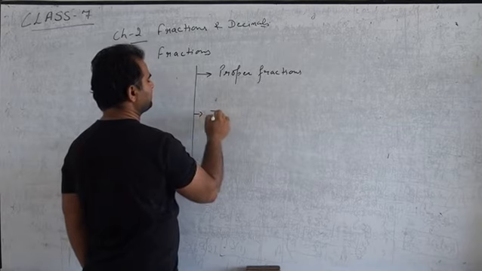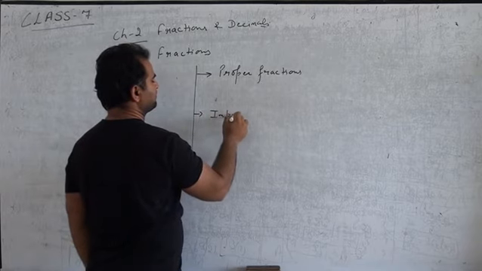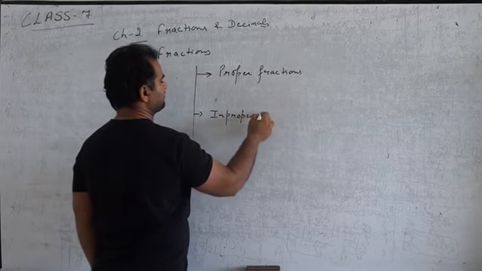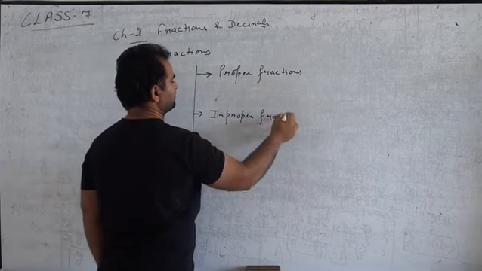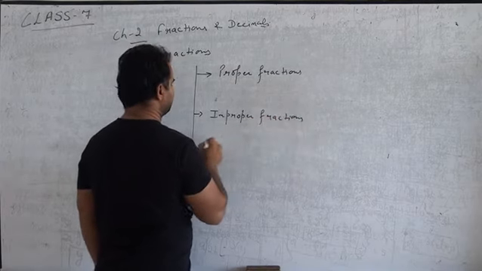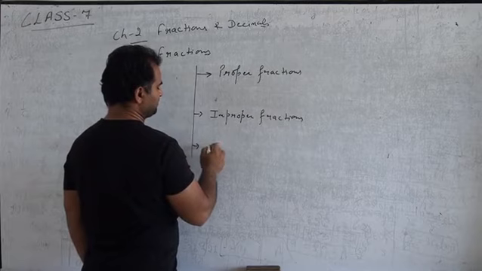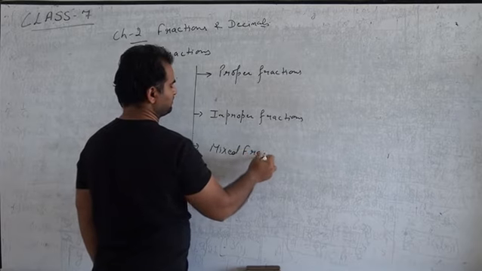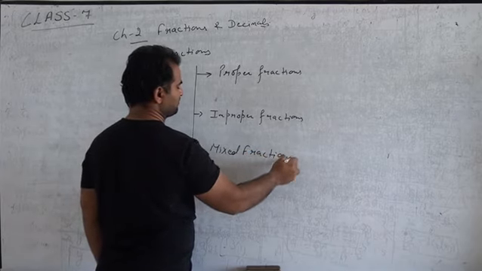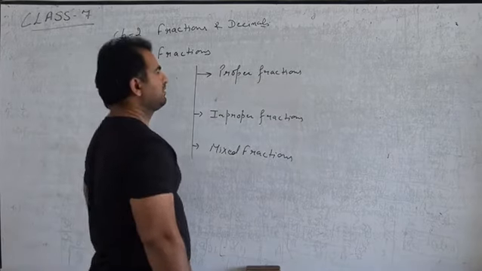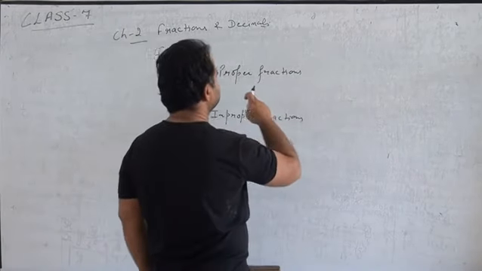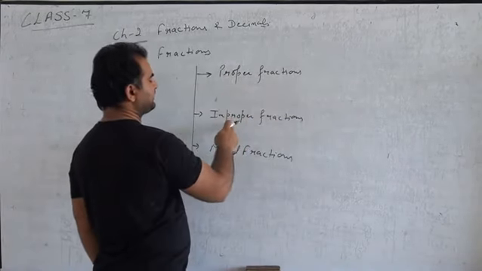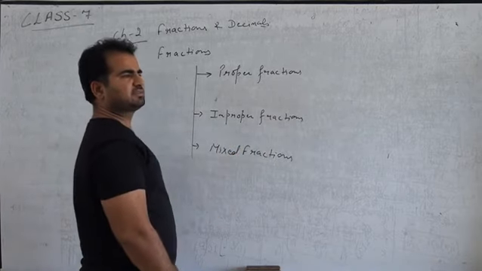Second is improper. And third is mixed fractions. So first is proper, second is improper, and third is mixed fraction.